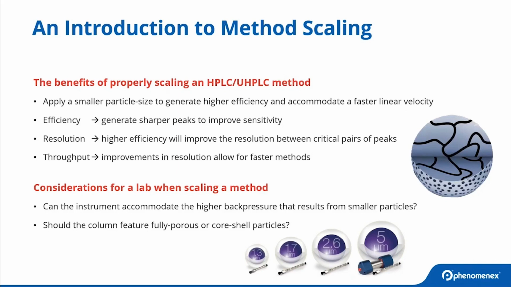So with sharper peaks, you certainly improve your sensitivity, and you also benefit the resolution that can be attained during the method, specifically the quality of the separation that distinguishes one peak from any neighboring peaks. Once you have improved your peak efficiency and resolution to a certain point, it's not necessary to have such a long separation runtime. So you can then take measures to shorten the runtime of your method while preserving your desired resolution.